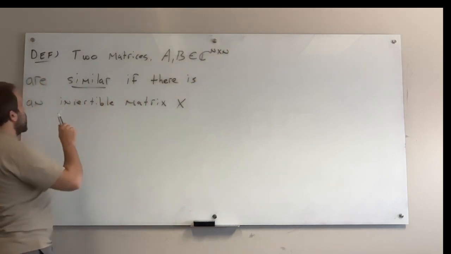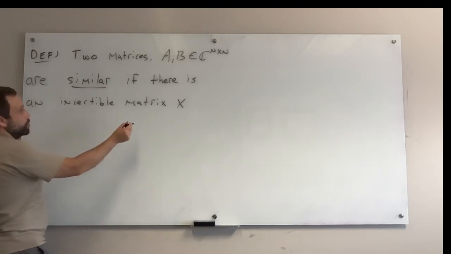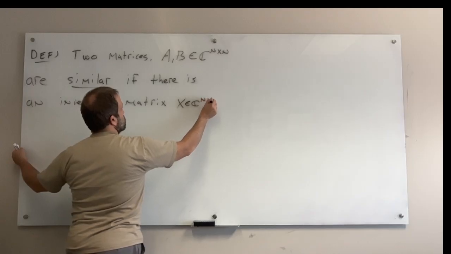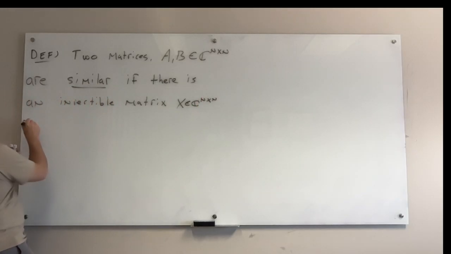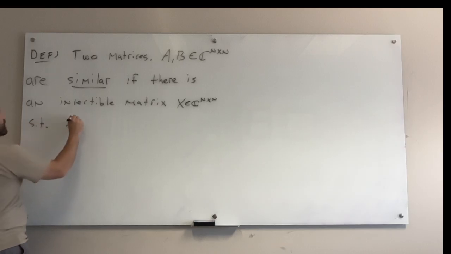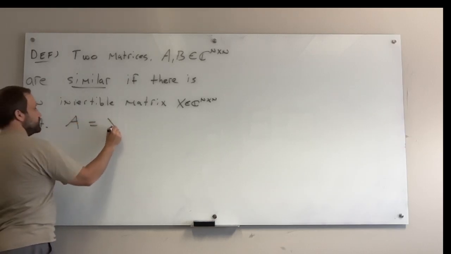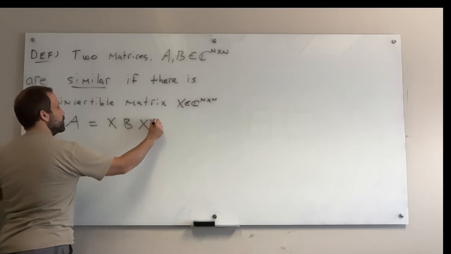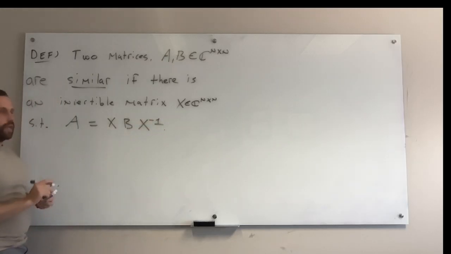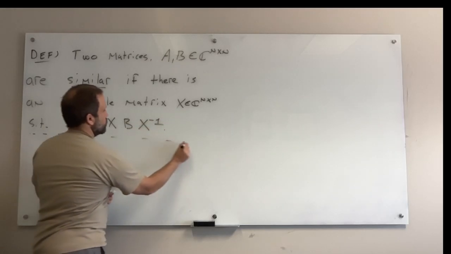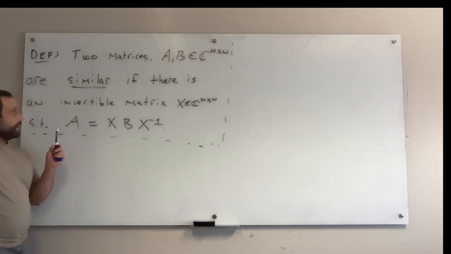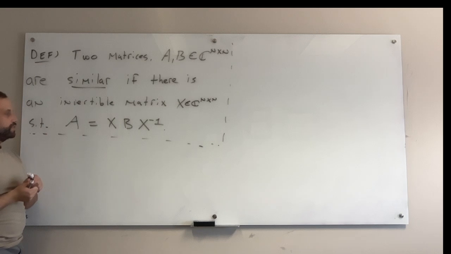So two matrices A and B are similar if there's an invertible matrix X, and again, it will be apparent that this also needs to be an n-dimensional matrix, such that A is equal to X times B times X inverse. Okay. So again, two matrices A and B are similar if they share this relationship here.